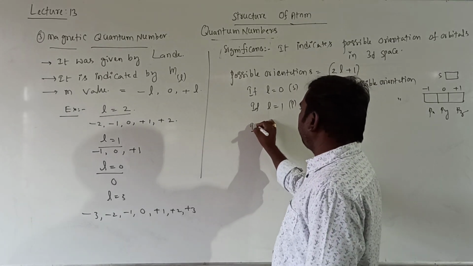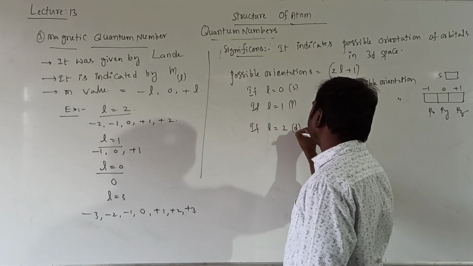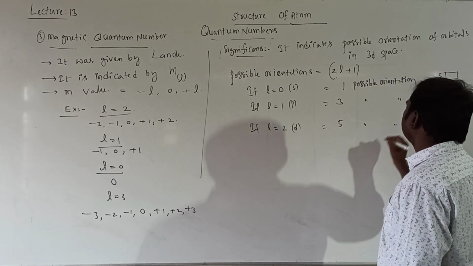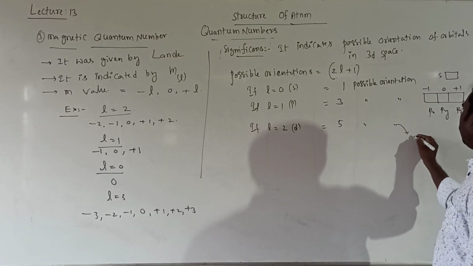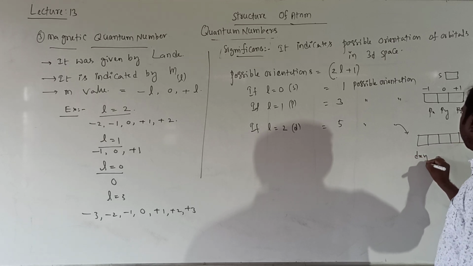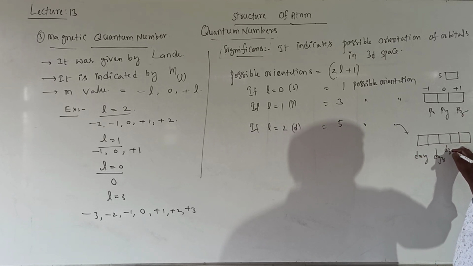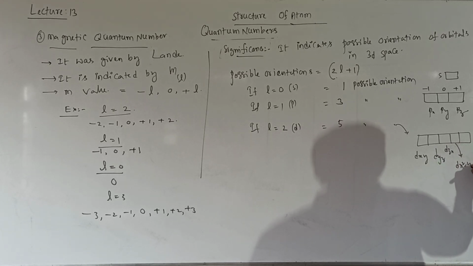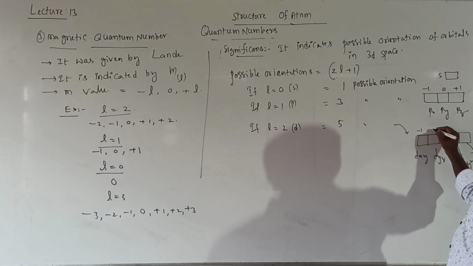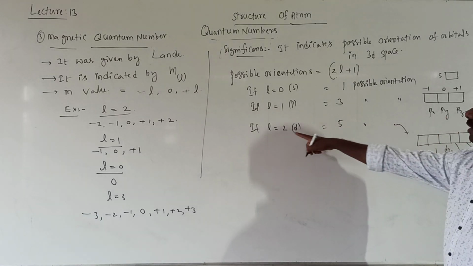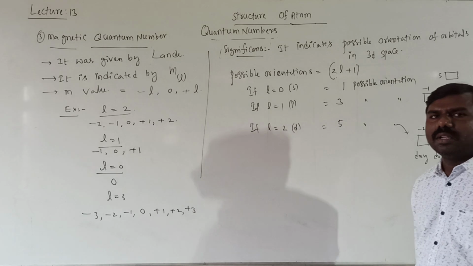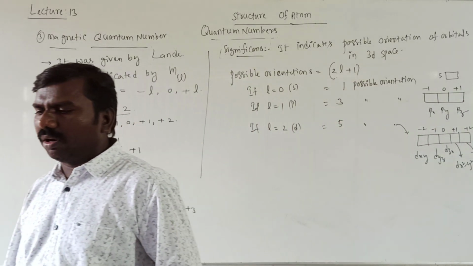Next, if l equal to 2, this is D actually. 2 into 2 plus 1, 5 possible orientations we will get. So here totally 5 means like this: dxy, dyz, dzx, dx square minus y square and dz square. Totally 5 possible orientations: minus 2, minus 1, 0, plus 1, plus 2. Like that, possible orientations of m.